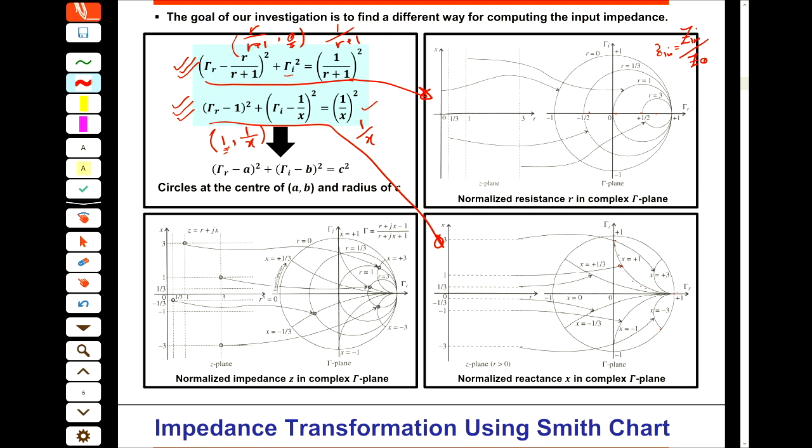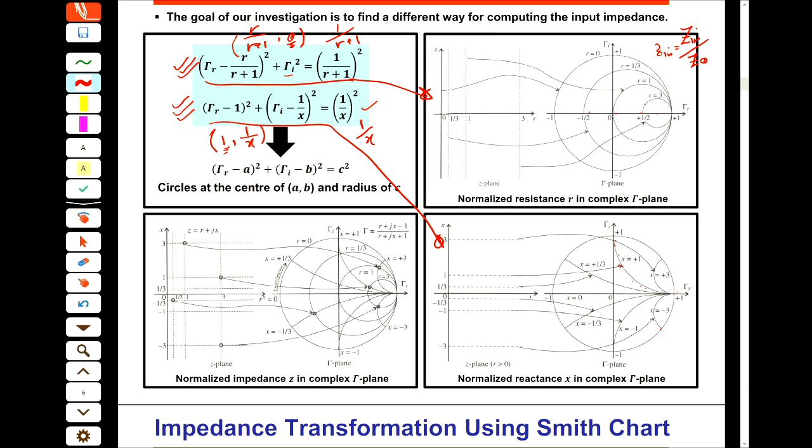Okay, and then if I'm looking for 1 plus j1, I should find the intersection of this circle and this circle, which is, for example, somewhere here. So if you have a combination of these two together on one chart, these circles are the constant r, and these circles are the constant x.